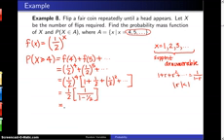So that turns out to be 1/2 to the 4th power multiplied by 2, and that is 1/2 cubed, which is 1/8.